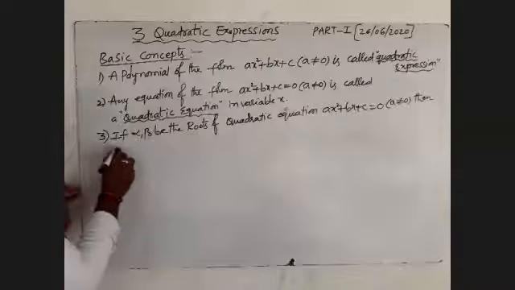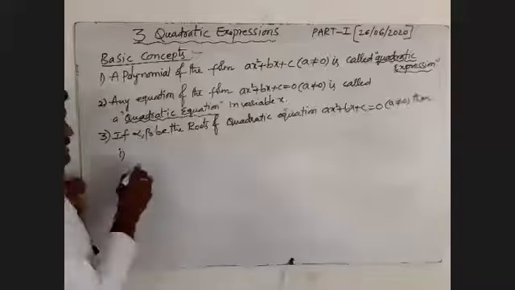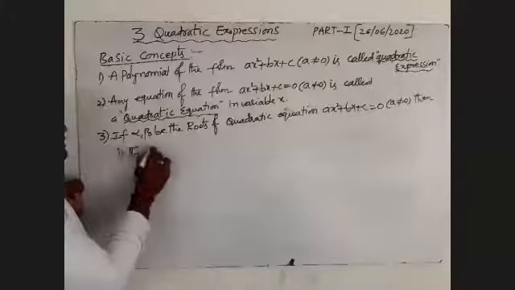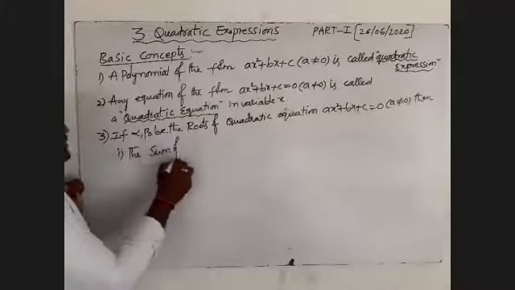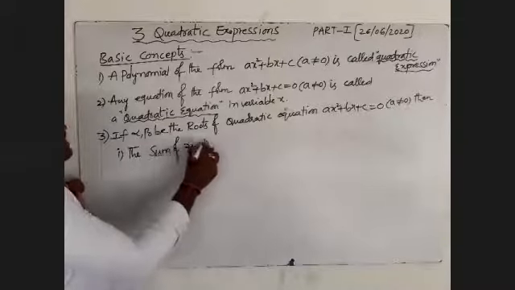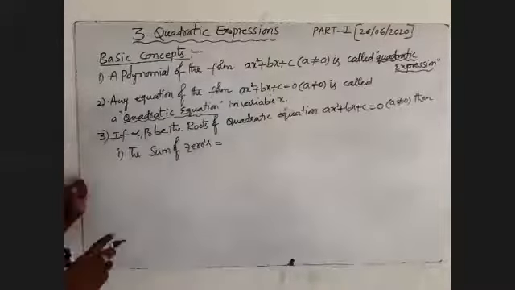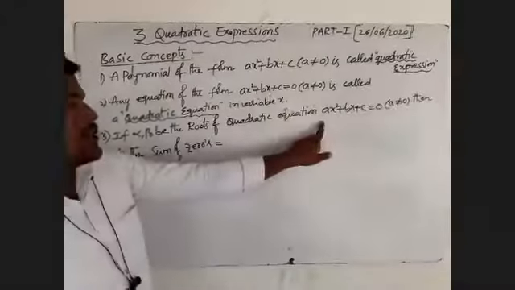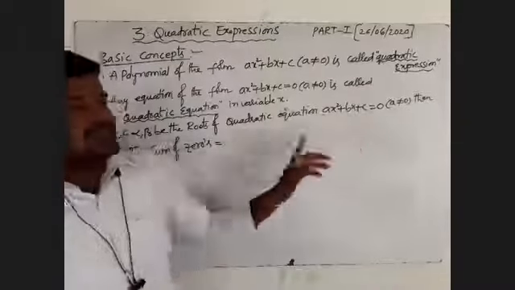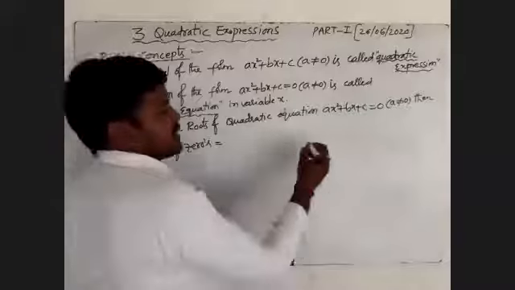Here the first condition is the sum of zeros in this given quadratic equation.